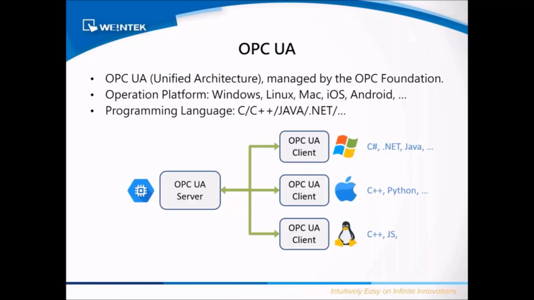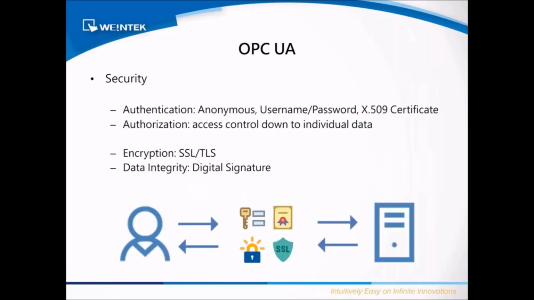Because you can imagine on Linux and Android, you don't have access to .NET system. Well, maybe 1 year ago you don't have access to it. So that's the problem that OPC UA wants to solve.